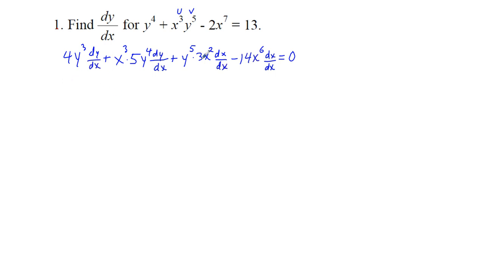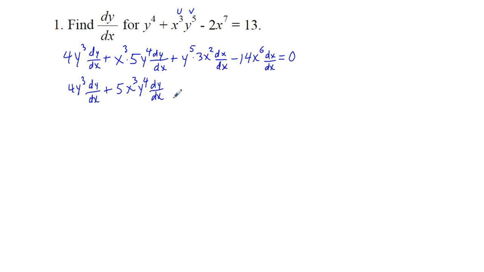So now I'm just going to simplify these terms here on the left side. First we have 4y cubed dy dx. And then we have this 5 here, so I'm going to bring this 5 out front. So we're going to have 5x cubed y to the 4th, and that's going to be dy dx also.